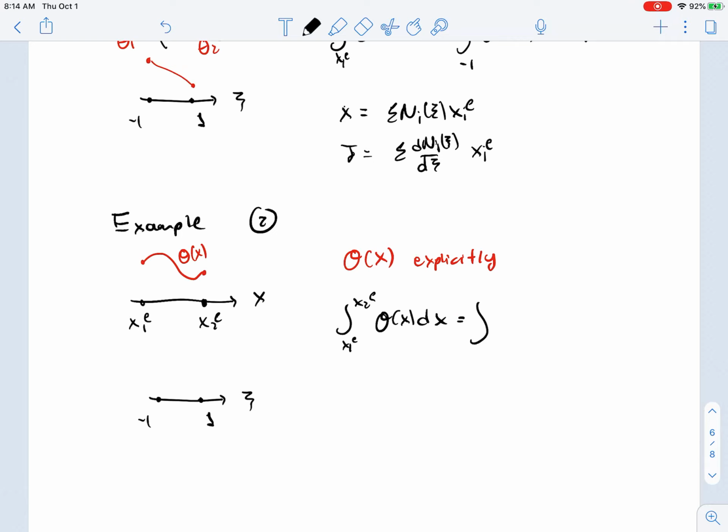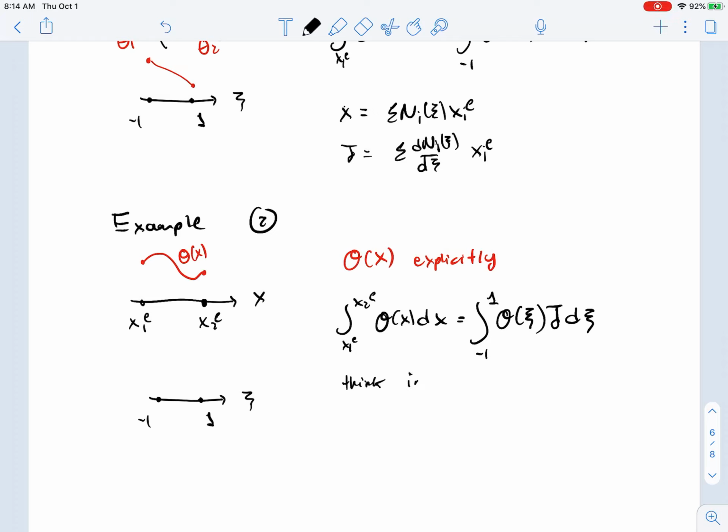And so I want to do the integral from x1e to x2e of theta of x dx. And I said, oh, this is the same as the integral from -1 to 1 of theta of psi times the Jacobian d psi. Well, I don't have theta of psi, so how do I do this?